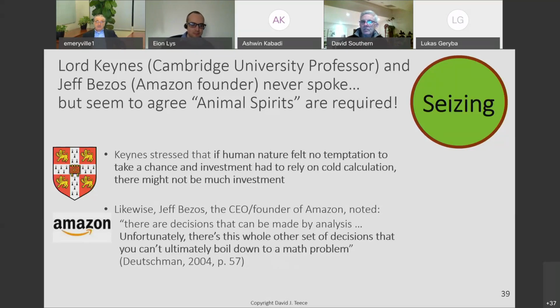And he said investors continue to invest when there's deep uncertainty. And what he's saying is you don't know what the outcomes are, and there's no easy way to rationalize it, so it must be their animal spirits. So another way of putting this is dynamic capabilities requires animal spirits.